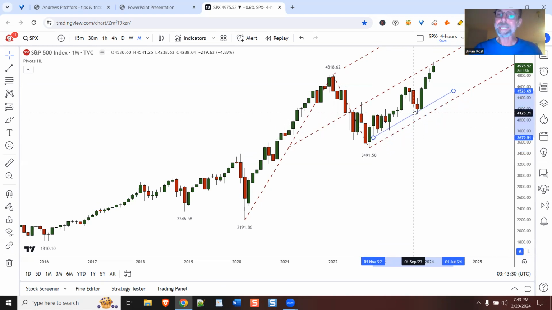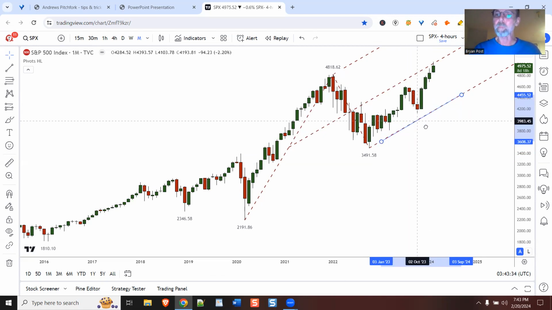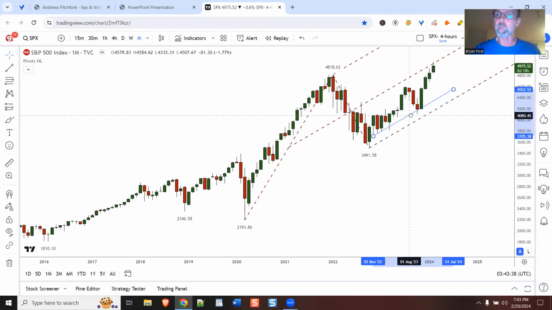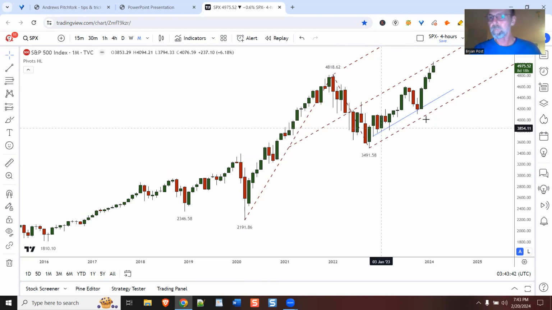And so that's what we're seeing here. The fork has identified the frequency, and the sliding parallel has the same frequency. So when we put it below the price action, sure enough, it identifies a valid support level.